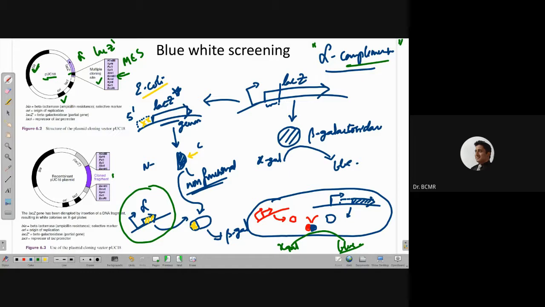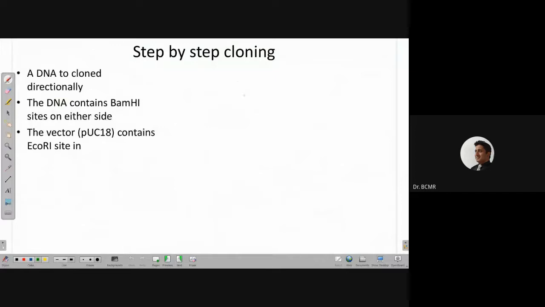Let's go through the cloning procedure now. I hope you understood the alpha complementation part. So step by step, I'm not going to draw all the things. I'm only going to draw lacZ and the cloning site. Okay.